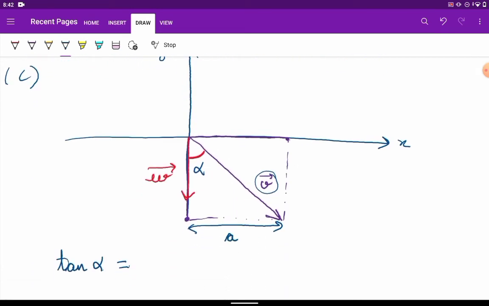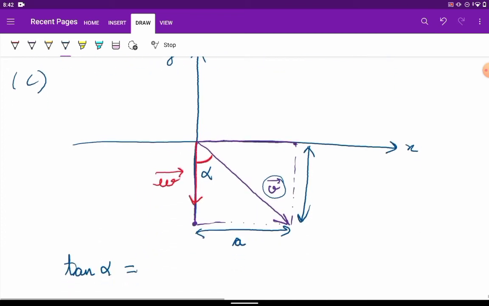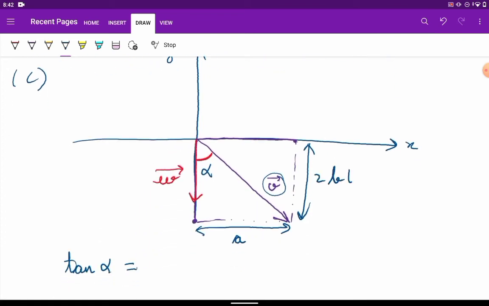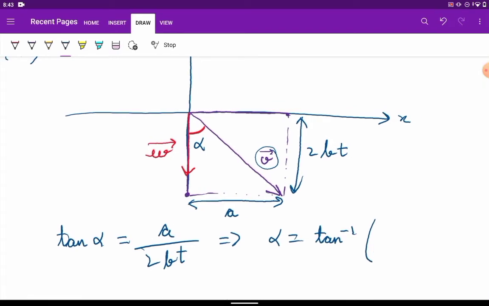And the y component of v is 2bt in magnitude. So tan alpha is nothing but the height by the base, which is a by 2bt. This means alpha is equal to tan inverse of a by 2bt. There you go.